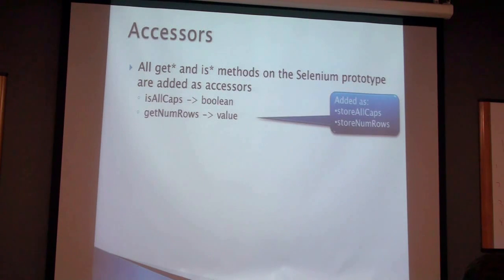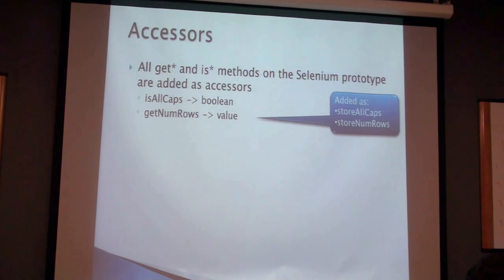Good clarification. Okay, accessors. What are accessors? Store text, right? Verify text. So anytime we're actually going to the page and retrieving a value, not just performing an action, but retrieving some kind of value, to either verify or assert it or store it or do anything with it, it's an accessor. So to create an accessor, you're either going to prepend get or prepend is to your command name.